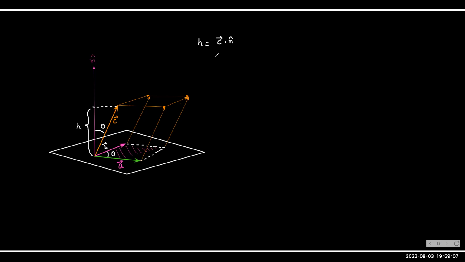H is C cos theta, but it is the projection of C vector along the n cap vector. Yes or no? Yes, it's a projection of C vector along the n cap vector. And we know how to find the projection. We take the vector and the dot with the direction in which you want to find the projection. So what is the definition of volume?